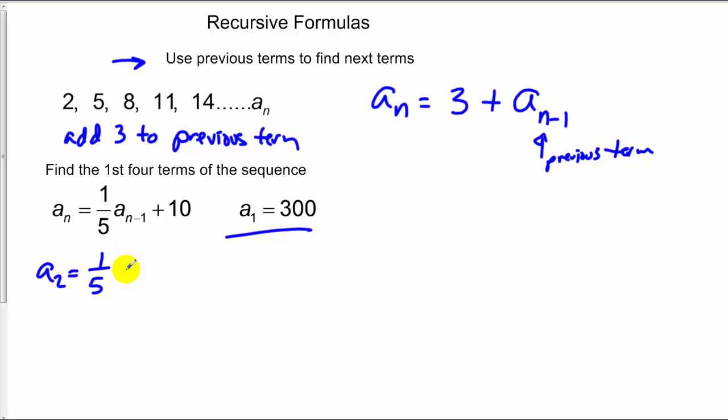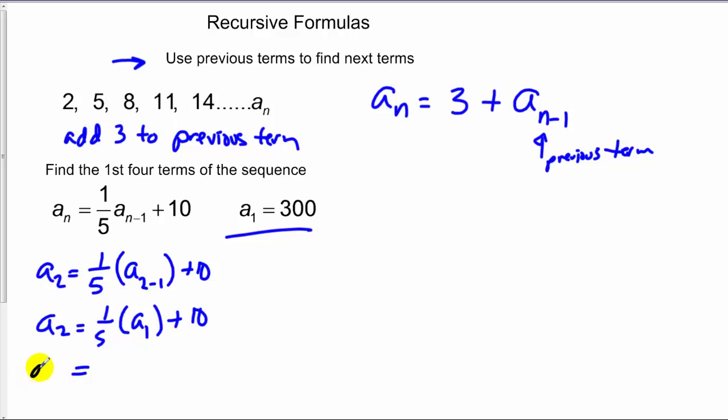My previous term, I'll just write this out one time, is a sub n is equal to 2 minus 1 plus 10, which says the second term is equal to 1/5 times my first term, which is my previous term, plus 10, or 1/5 multiplied by 300 plus 10, which is 70.